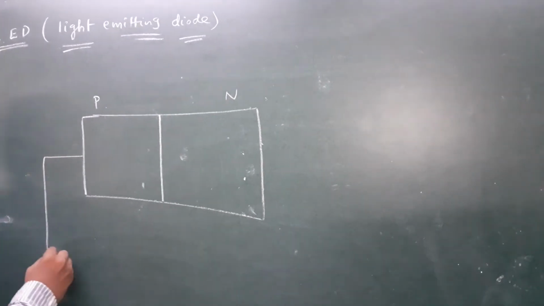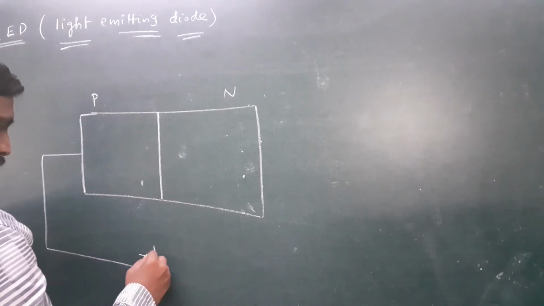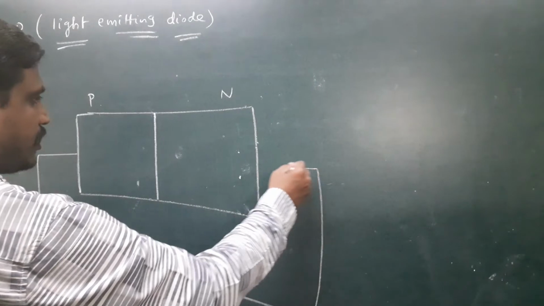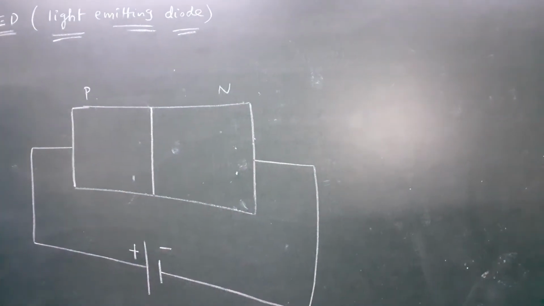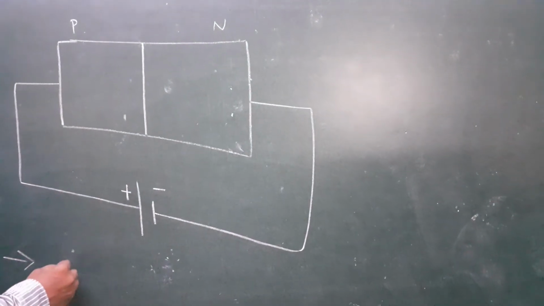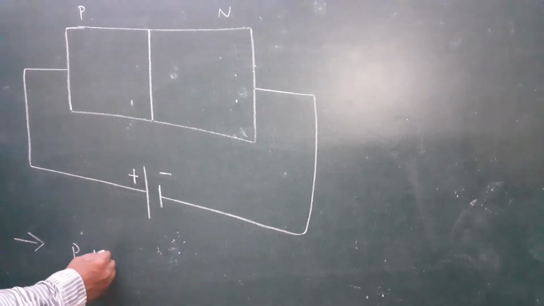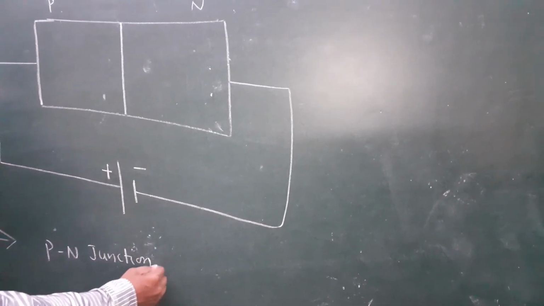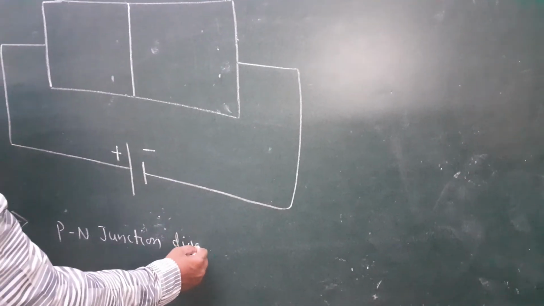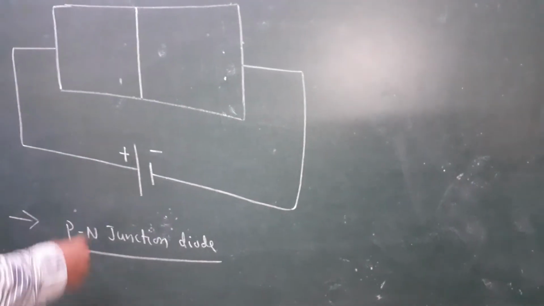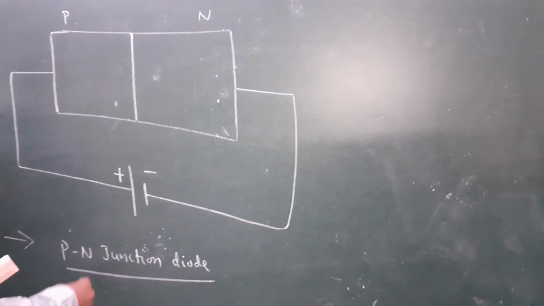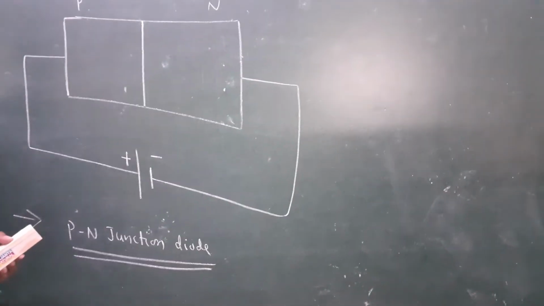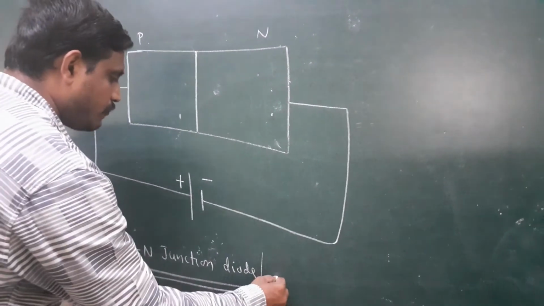Here, P is connected to positive and N is connected to negative. That means what bias? Forward bias. LED is a PN junction diode. Once again I repeat, LED is nothing but a PN junction diode with forward bias.